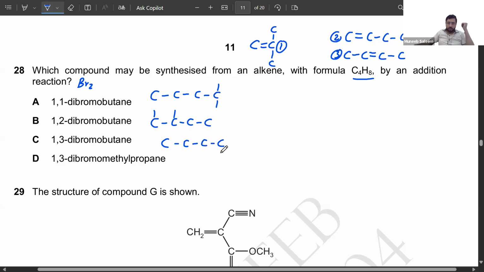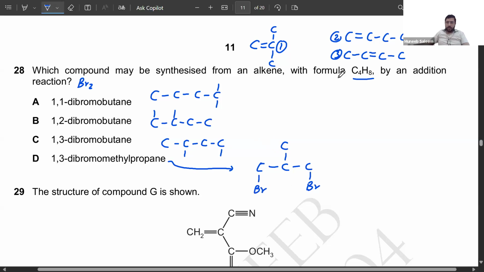This is 1 and this is the third carbon atom. For option D, I need some space to draw the structure. It should look like this: a carbon, another carbon, and another carbon at the center. Now bromine will be attached on position number 1 and position number 3 carbon atoms like this.